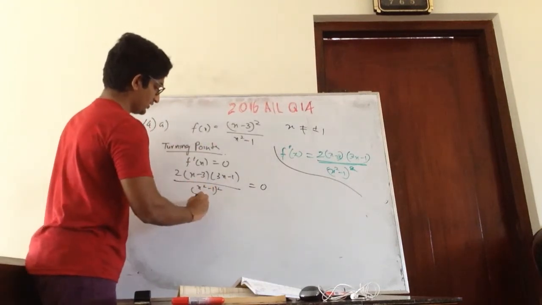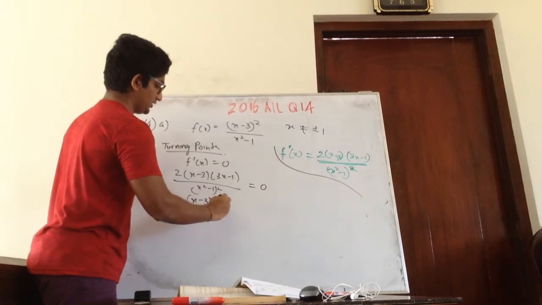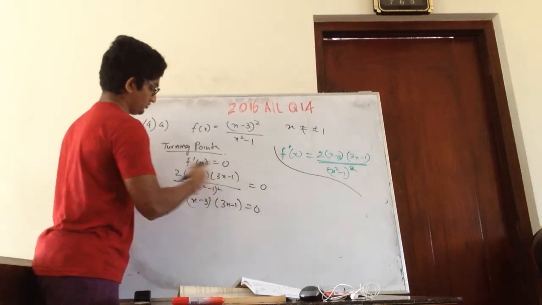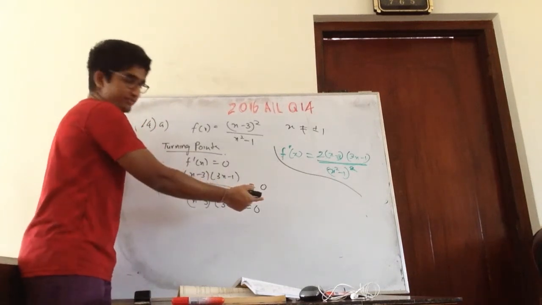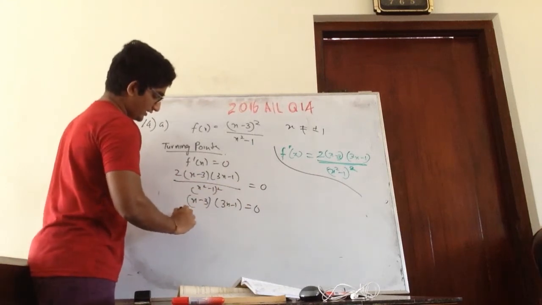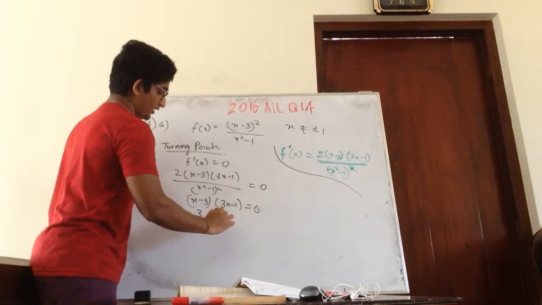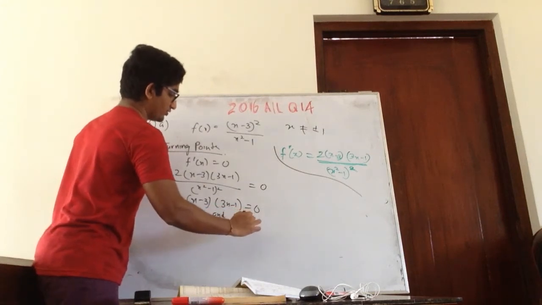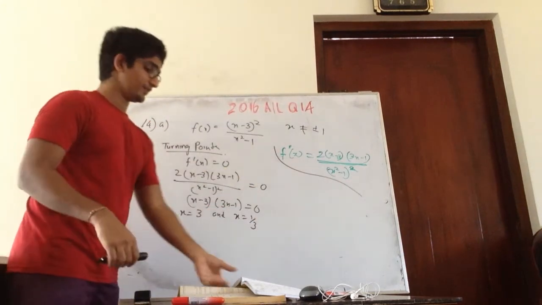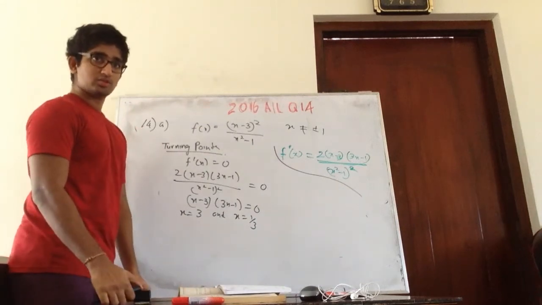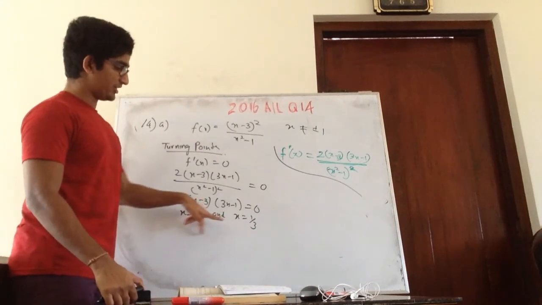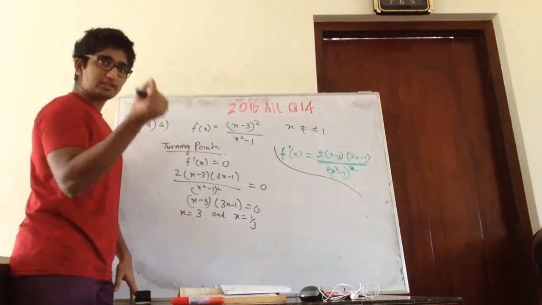I'll get (x minus 3)(3x minus 1) equals 0. Even the 2 you can divide. So I will get x equals 3 and x equals 1 over 3. Right now? So these are the turning points.